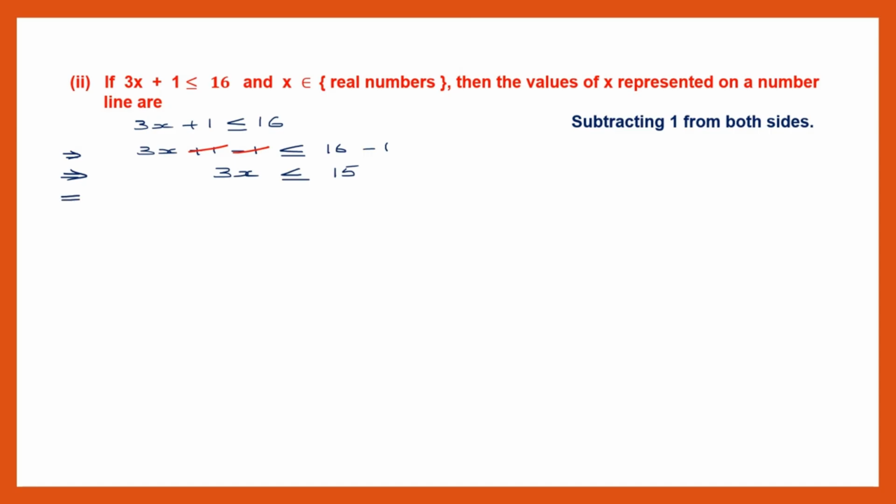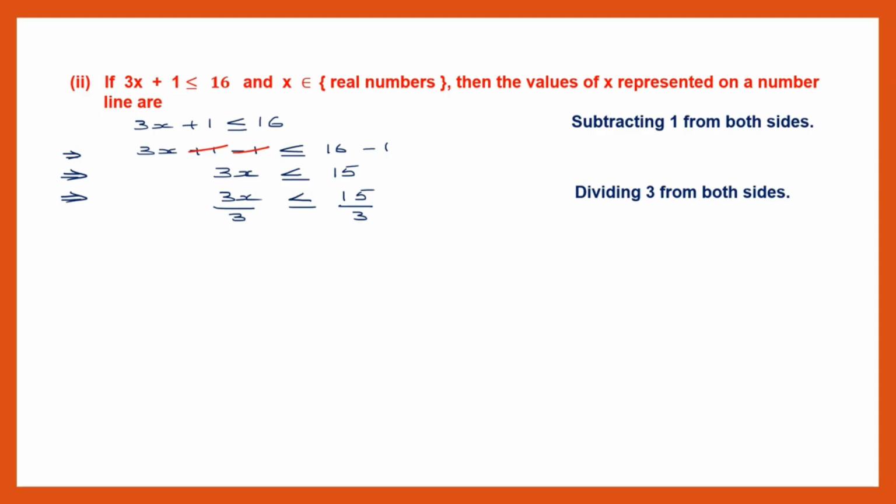So now again we need to get x by itself. That means we need to remove 3. Now 3 is multiplication here. So what is the opposite of multiplication? Division. That means I need to divide this by 3. So we need to write that 3x divided by 3 is less than or equal to 15 also divided by 3. So dividing 3 from both sides, what do we get?